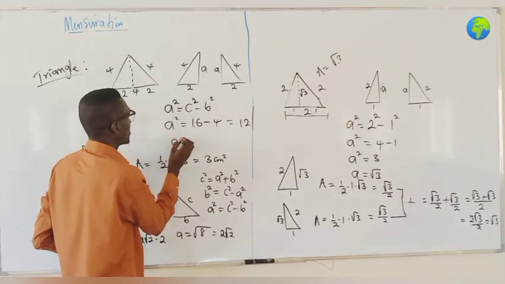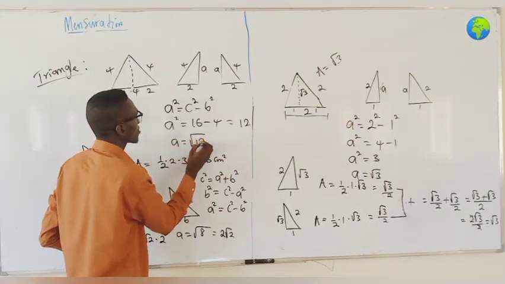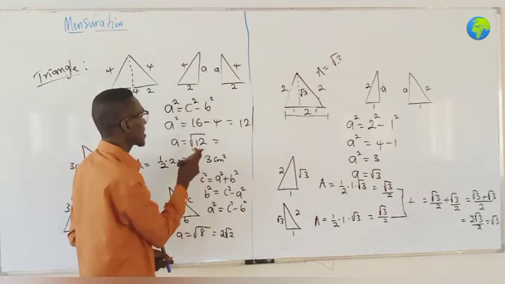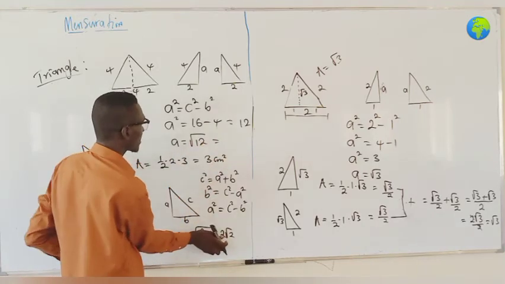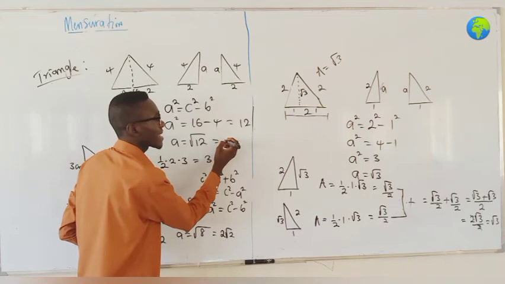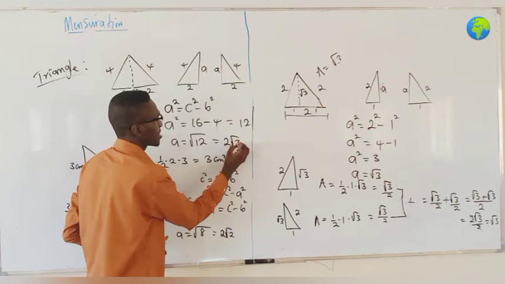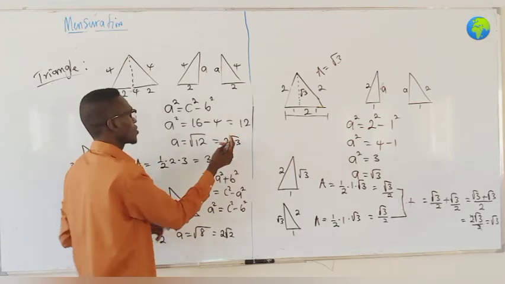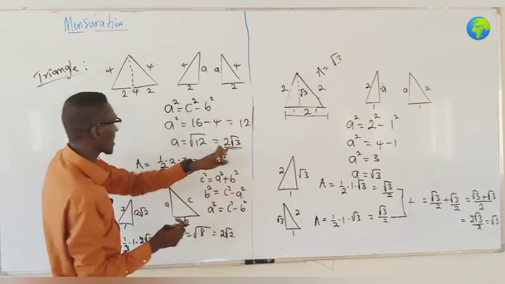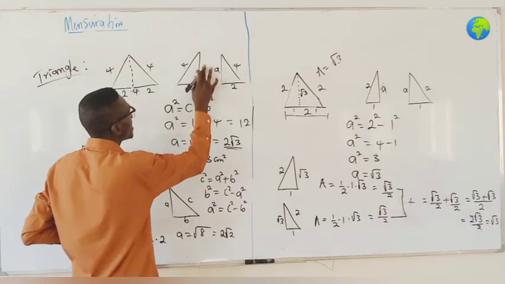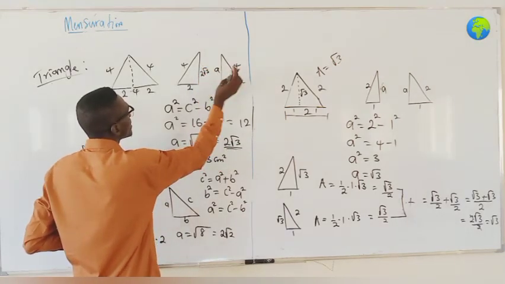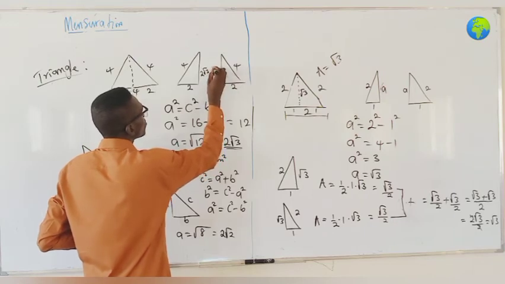So we got A equals square root of 12, which equals, how do you write 12 in radical form, just like I did this? Is 2 root 3 going to work? Yeah, 2 root 3, because 2 square is 4. 2 root 3 is the side A. So if I rewrite A, A is 2 root 3.